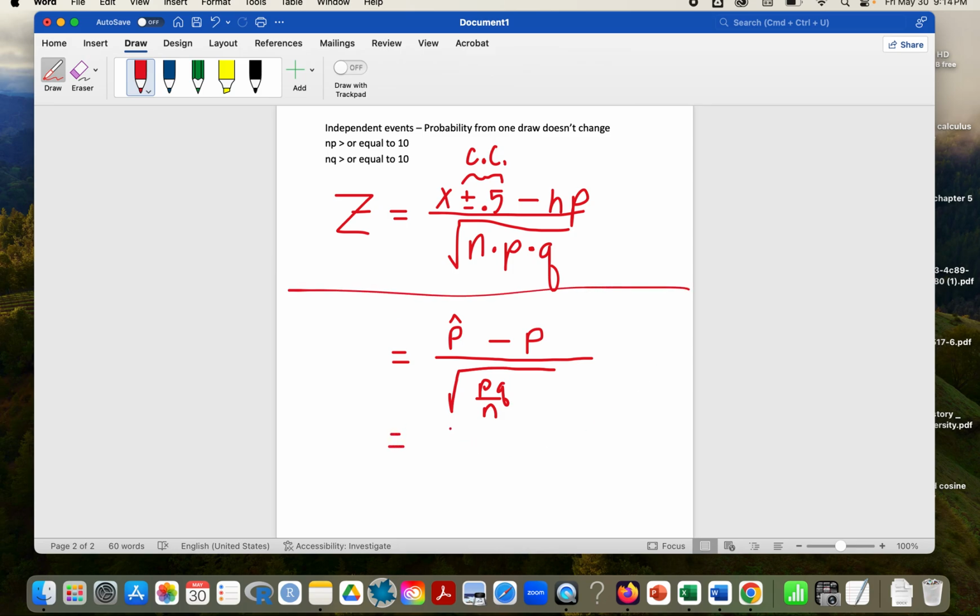Recall that p hat is x divided by n. So where the p hat sits, I have this x divided by n, and then I have this p, and then I have this square root of pq over n.